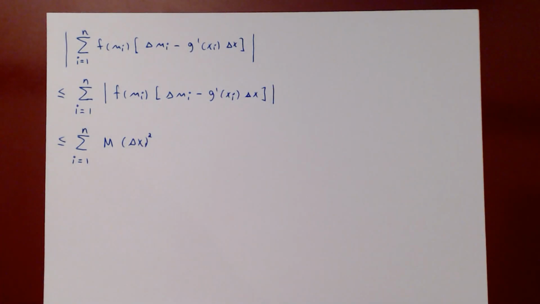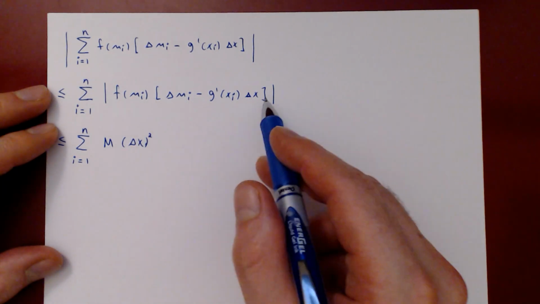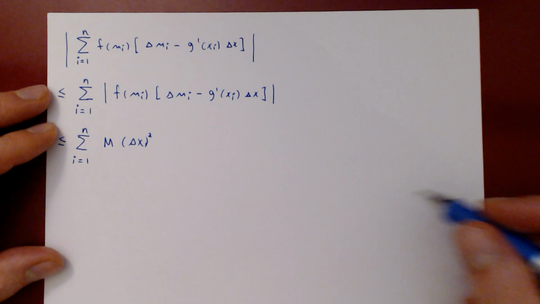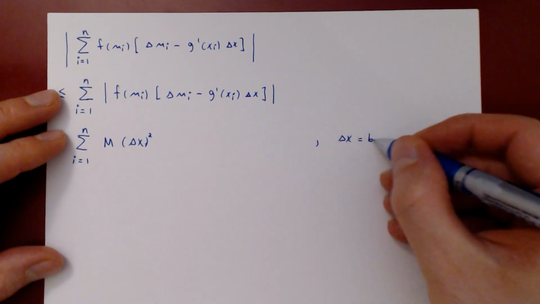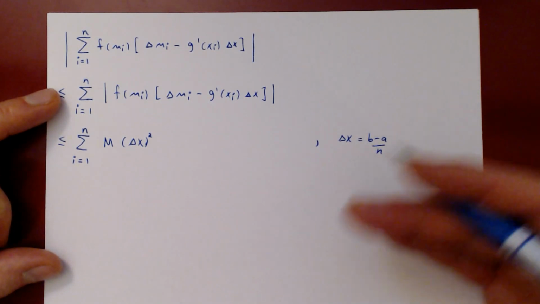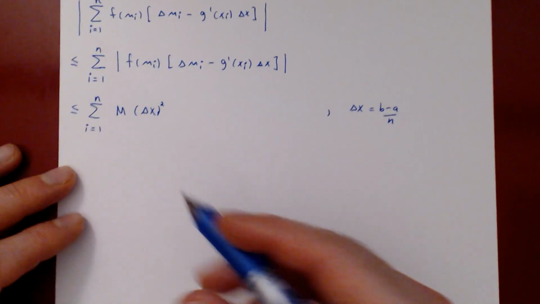And now what's interesting is that this upper bound no longer depends on i. With respect to i, this is a constant, right? m is a constant, and delta x, being b minus a over n, never depended on i. So we can factor this out of our summation.